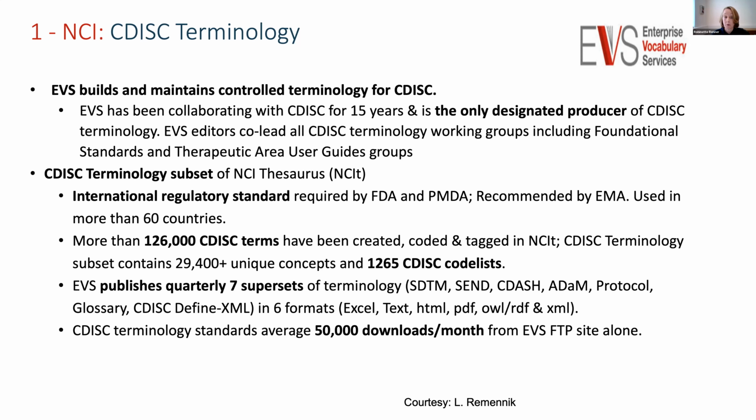Within the NCI thesaurus, we maintain a subset of terms that are specific for CDISC, and this is used by regulatory requirements for the FDA, amongst other purposes. We currently have more than 126,000 CDISC terms that are maintained regularly. We update them on a quarterly basis, and they're actively being used by the community. We have on average about 50,000 CDISC concepts downloaded every month. On the next slide.